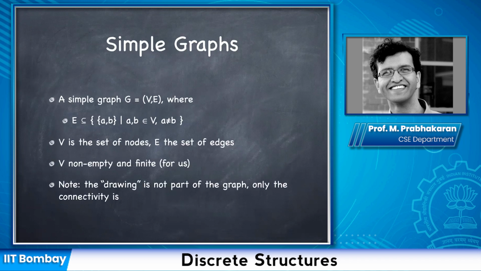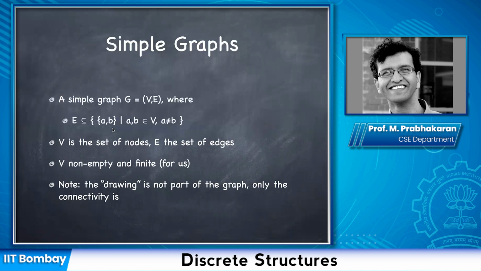We will stick to finite graphs, even though more generally you could talk about infinite graphs. And of course, the only interesting graphs are if the vertex set is not empty. However, the edge set could be empty. That is allowed in our definition of a graph. An important thing to note is that the graph only specifies this connectivity relation.